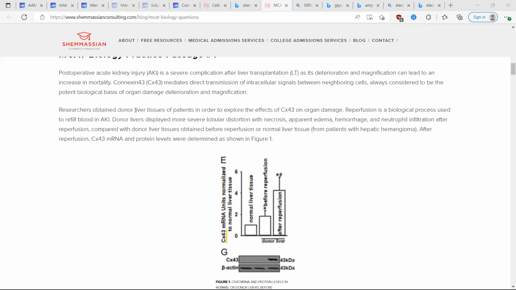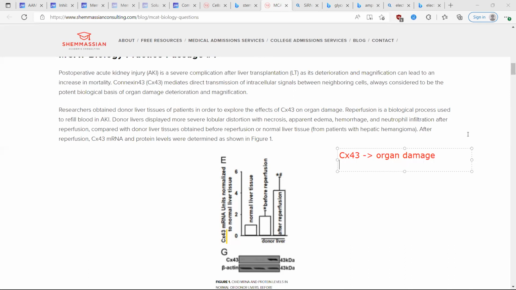Researchers obtained donor liver tissues of patients in order to explore the effects of CX43 on organ damage. They have just given us a lot of good information. We are trying to figure out the effect of CX43 on organ damage.